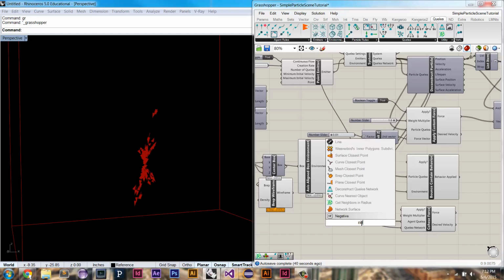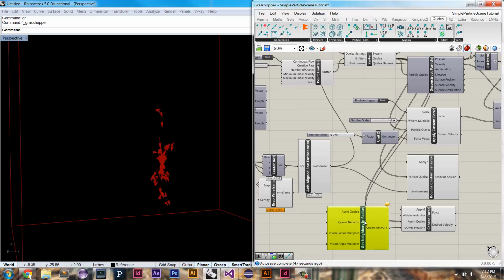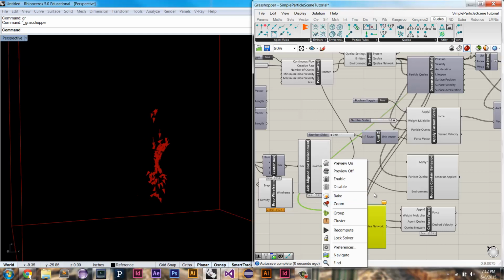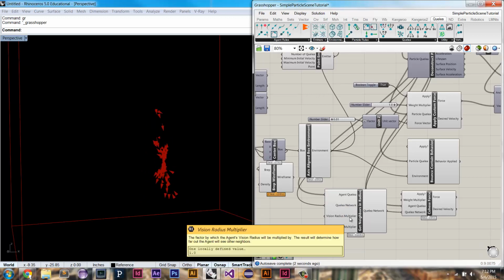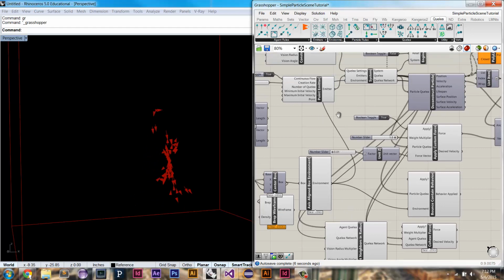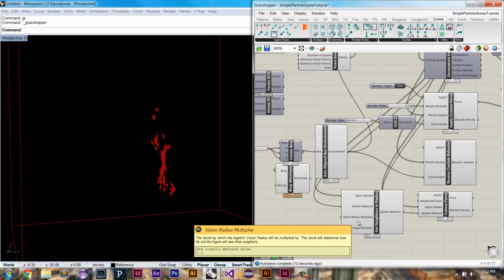So what I have also is this get neighbors and radius component, which is here. And what this will allow you to do is to get only the agents that are within a certain radius of the Quelea. So here we have a vision radius multiplier, which is just going to be the number that this vision radius is multiplied. So the defaults are set to 1.